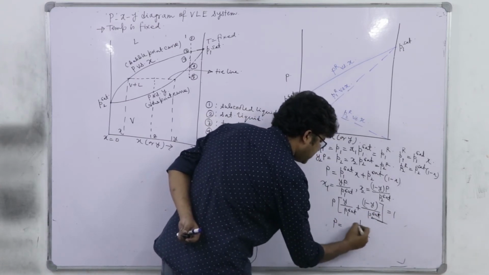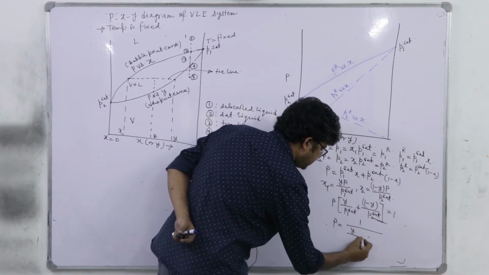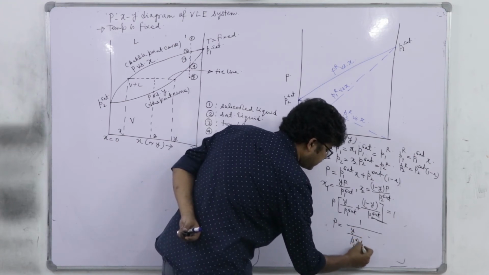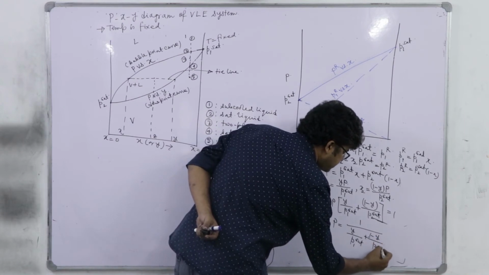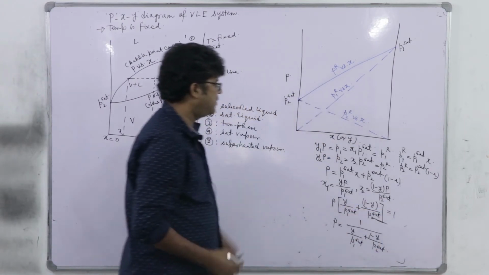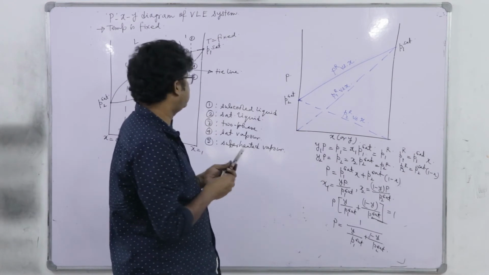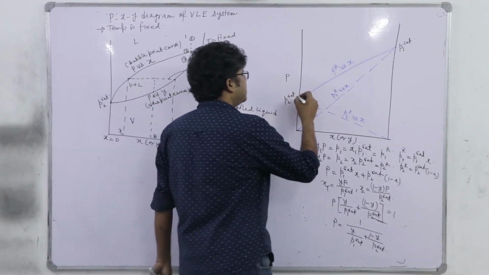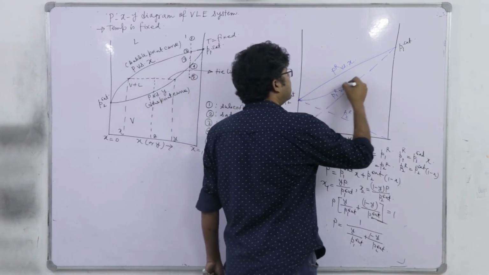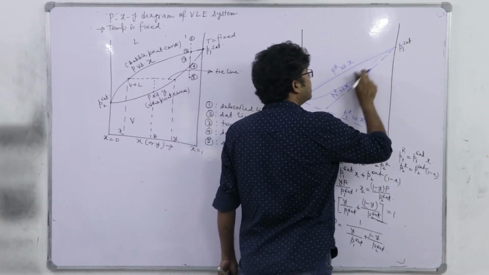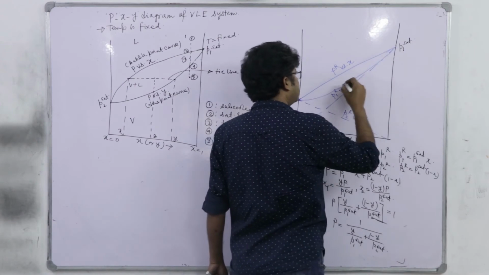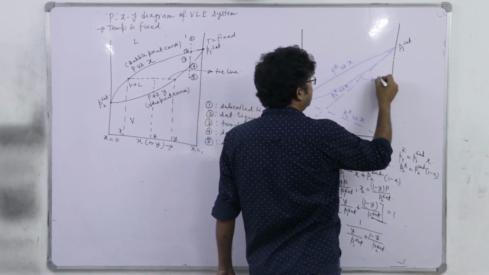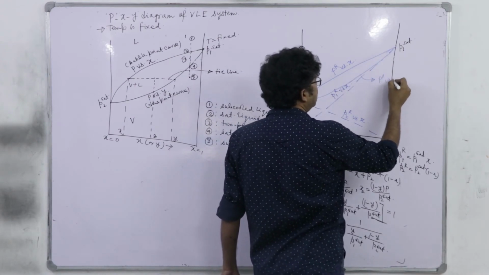So, P is related to y non-linearly like this. So, it is a non-linear curve. It will be something like this, and this line represents P Raoult versus y.